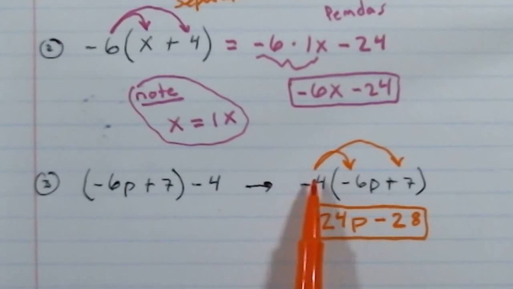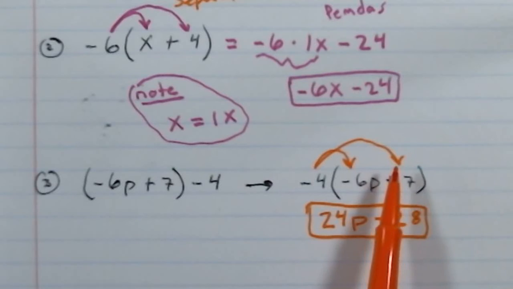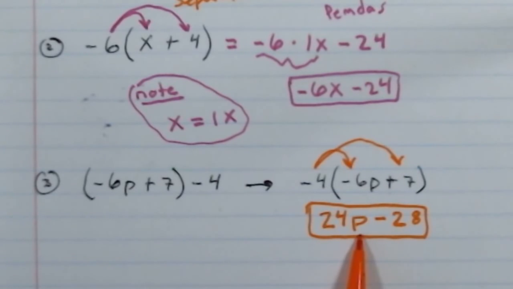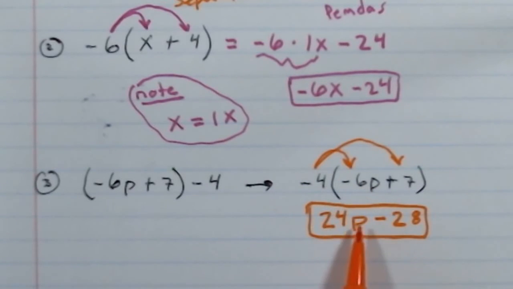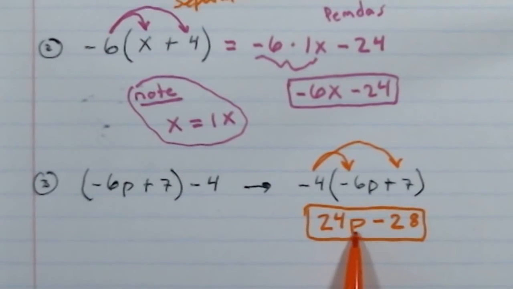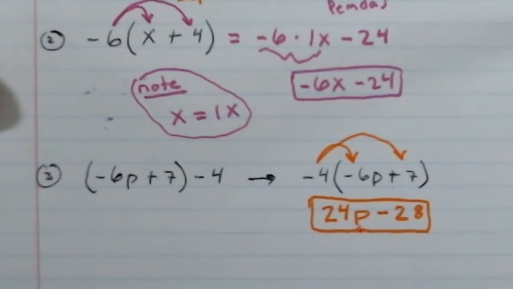We just multiplied this negative 4 and distributed it into all that to make that. And as we go through the course, you're going to see that this comes in handy because we're going to start solving for that variable soon. But not right now. We have to build those skills. All right.